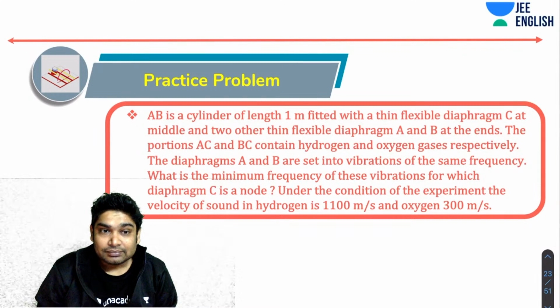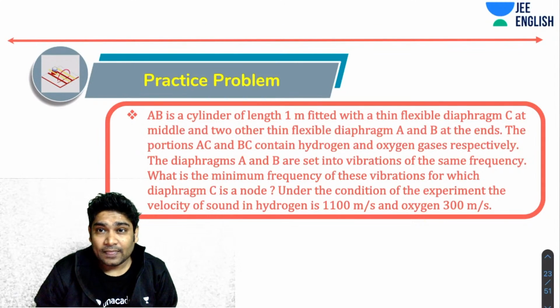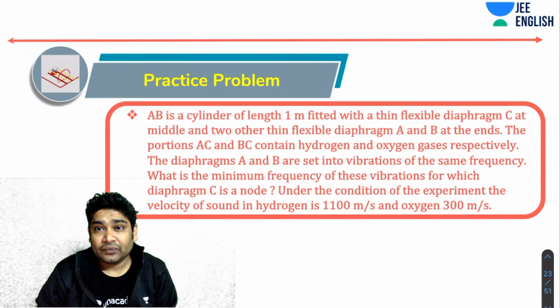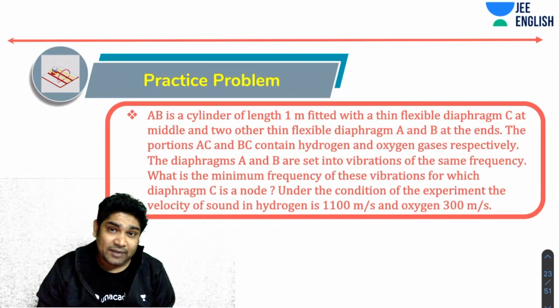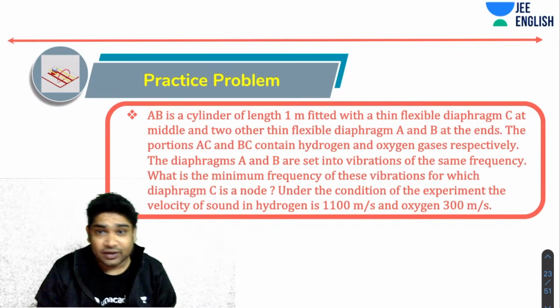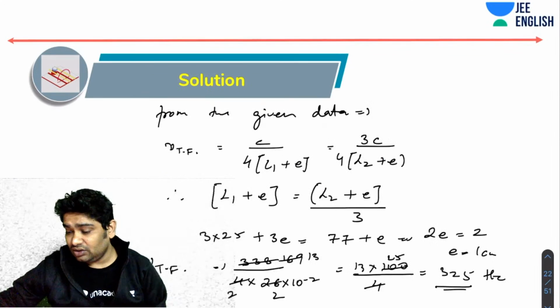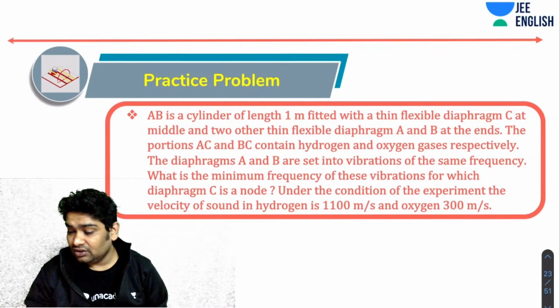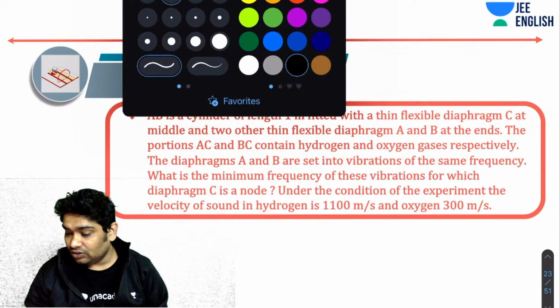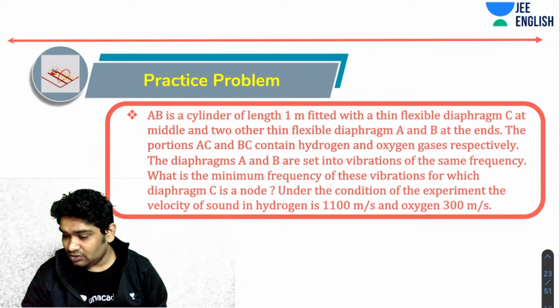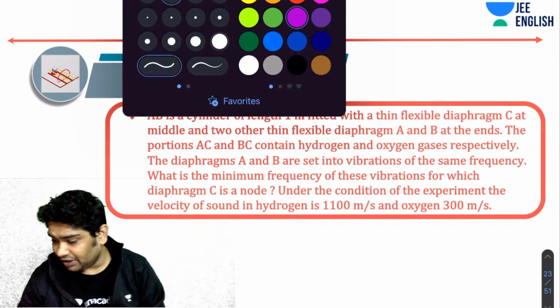So you have two pipes of 0.5 meter each, essentially. That is what the situation is. If you want a diagram of the situation, I can provide you with that also. So you have a pipe.